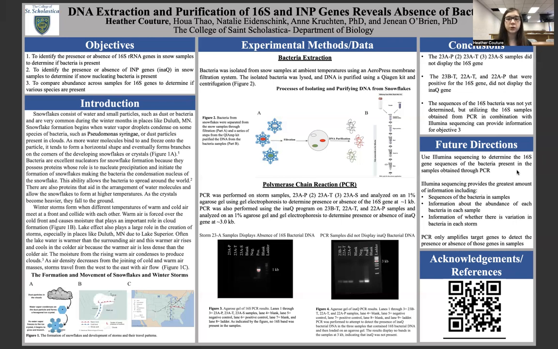So how that would work would be we would take our 16S genes and we would have that go through that method and sequencing, and it would tell us all the different types of bacteria that had 16S that were present, and we can individually not only see how much, like percentages of how much is in our sample, but also be able to identify the specific species present in our samples. So that would be our future steps, and we would want to pursue that.